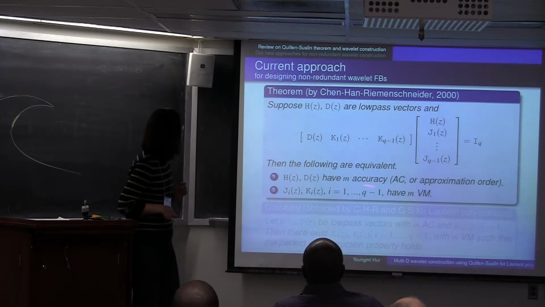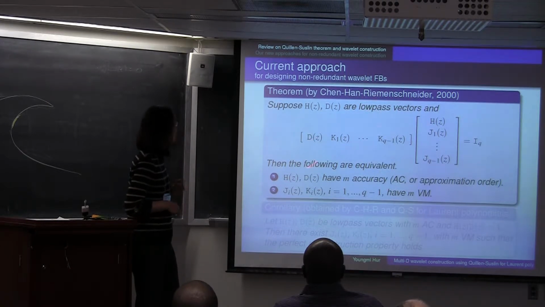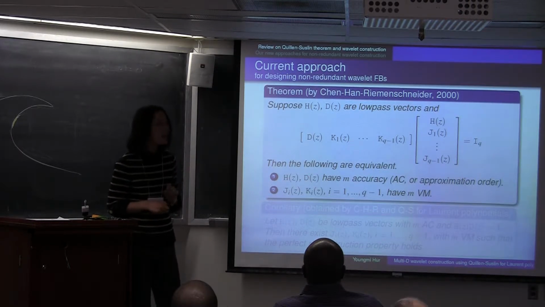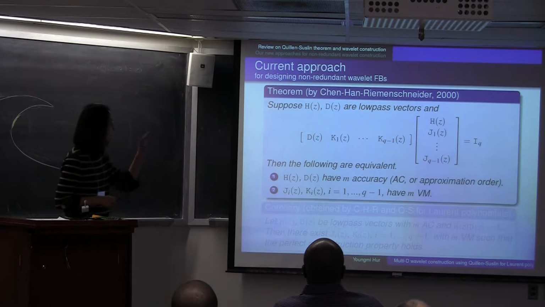So requiring this condition is exactly the same as requiring this one. We kind of know more, have an accuracy condition. Still not showing you what accuracy is. It's coming in the next slide.